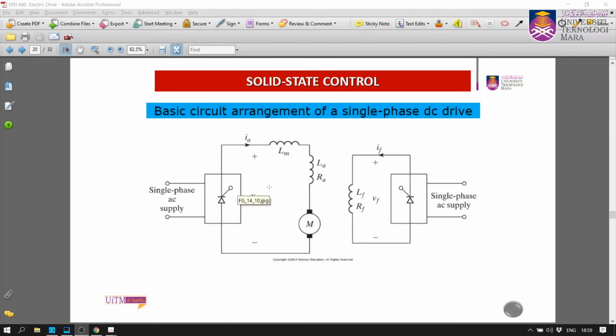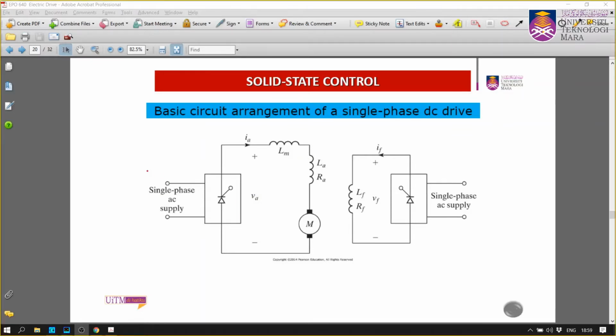This is very much the basic arrangement of single phase. So you have an AC supply in the front end, and then you have this controlled rectifier. You can have a single phase, half wave or full wave controlled rectifier.